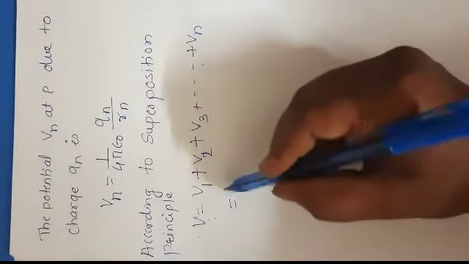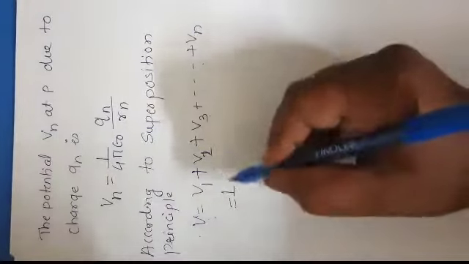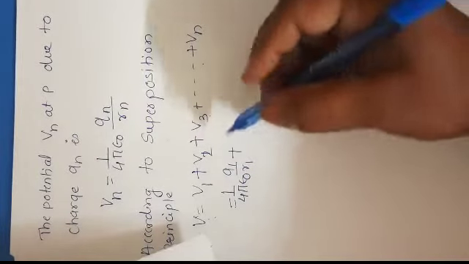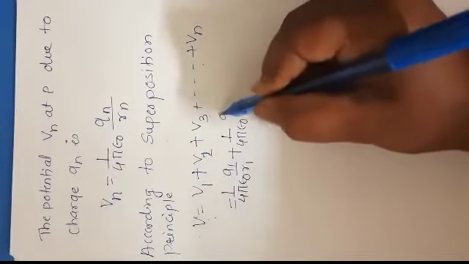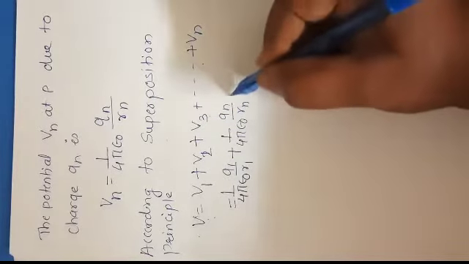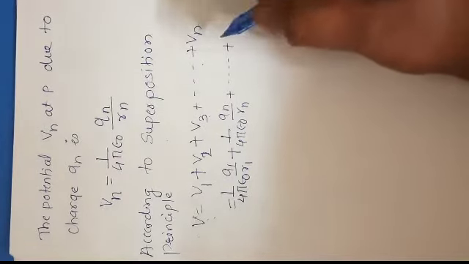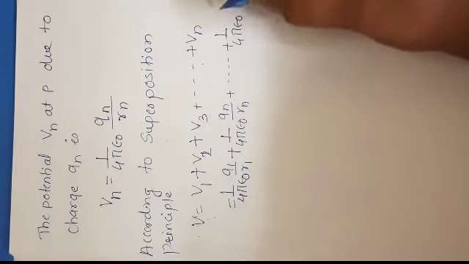Using the earlier equations, V1 is 1 upon 4 pi epsilon 0, q1 upon r1, plus V2 which is 1 upon 4 pi epsilon 0, q2 upon r2, plus and so on, and the electric potential at point n which is 1 upon 4 pi epsilon 0, qn upon rn.